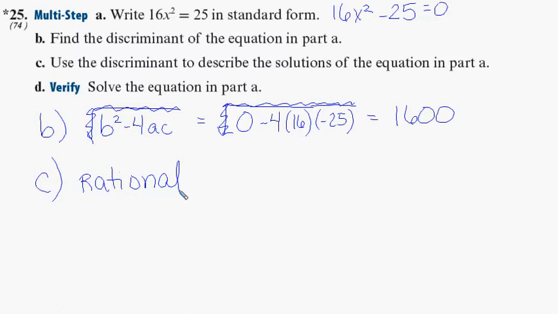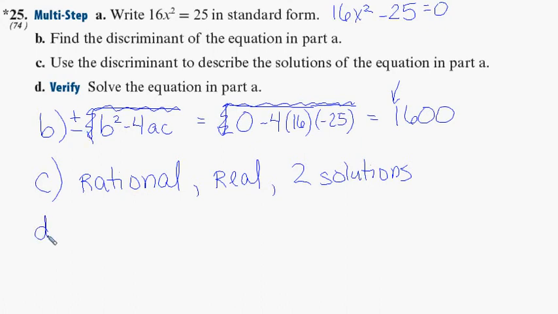So it's rational. The fact that this is not a negative number, it's a positive value, means that it's going to be a real solution, not an imaginary. And there are also going to be two solutions, because remember, when we have the quadratic equation, it's the plus or minus in front of the radical. That's where the two solutions come from.